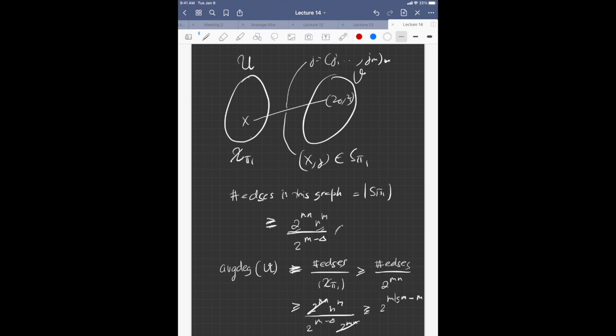Maybe some of these coordinates have very low mean entropy, but then we somehow fix those coordinates, and conditioned on that fixing, the remaining coordinates have high mean entropy.